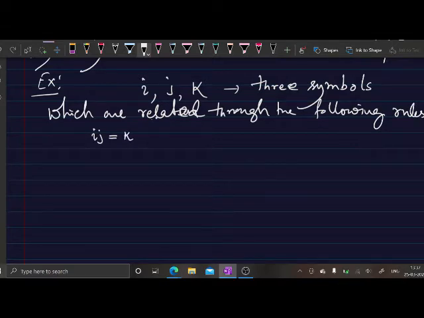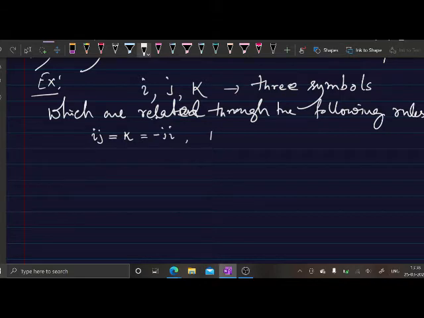Okay, there is a third symbol. But if you take the reverse one, that is ji, then that should be minus k. You just put a minus here. And in a similar way you can continue the cyclic order.